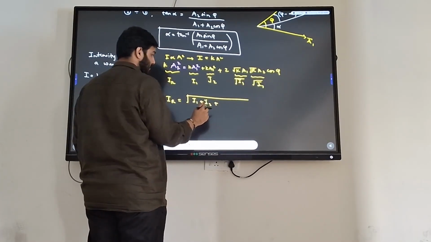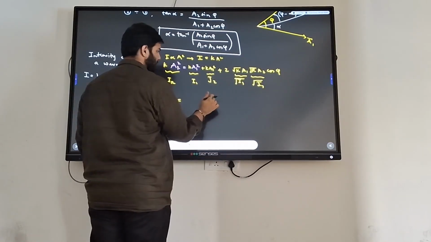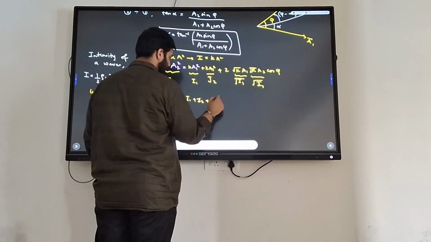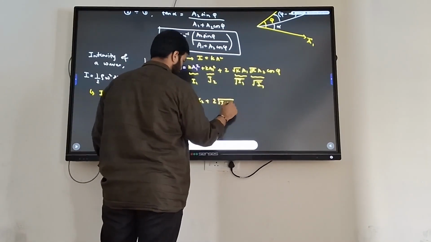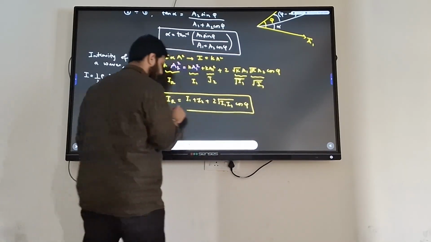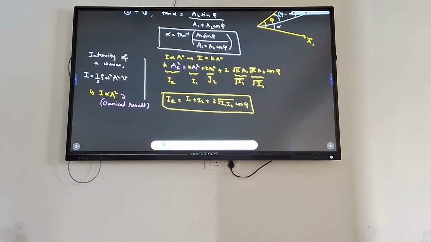So that A1 and A2 are not in the root side, there should not be any root. I think this is good. Is it okay?